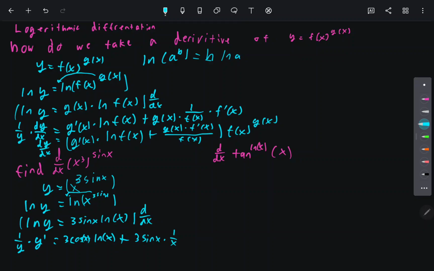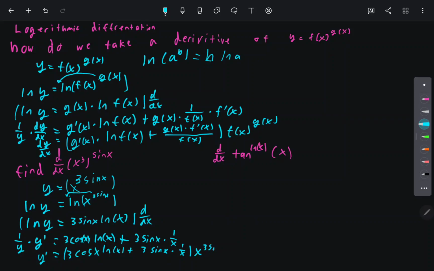Alright, now what do we do? All we have to do is multiply this y over, so we get y prime is equal to 3 cosine x natural log of x plus 3 sine x times by 1 over x times by y. We substitute in our y for our original function, which is going to be x cubed sine of x. And that is our answer.